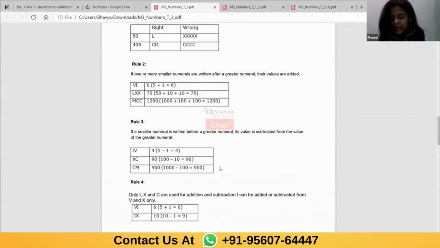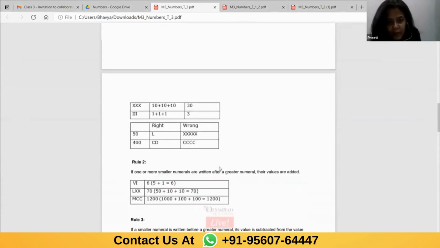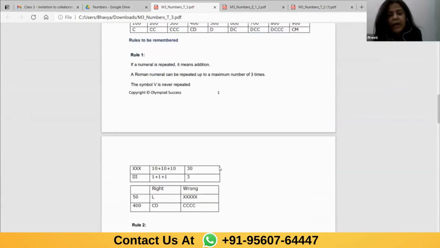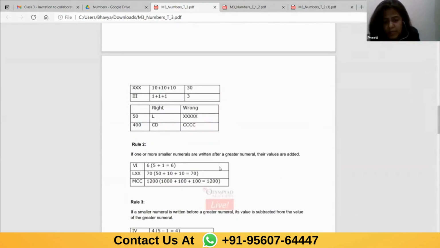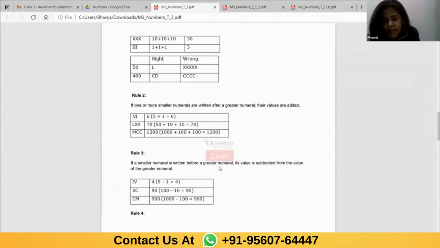Okay, wait. Let me check if we have done all the rules. If a numeral is repeated, it means addition. I'm just doing a quick recap of all the rules. A Roman numeral can be repeated up to a maximum of 3 times. The symbol V is never repeated. If one or more smaller numerals are written after a greater numeral, their values are added.